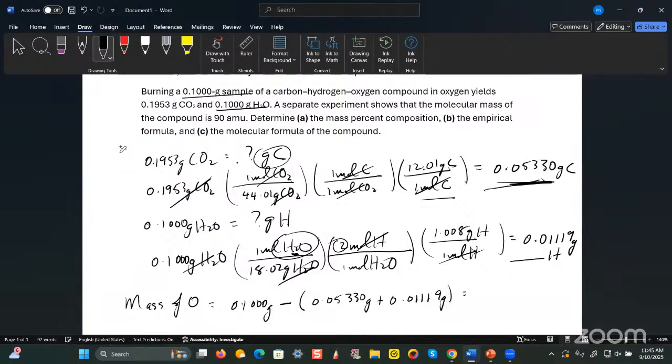So let's do that calculation. 0.100 minus the sum of 0.05330 plus 0.01119. And I got, and again, please correct me if I'm wrong, 0.03551 grams. So that's what I got when I calculated the mass of the oxygen.